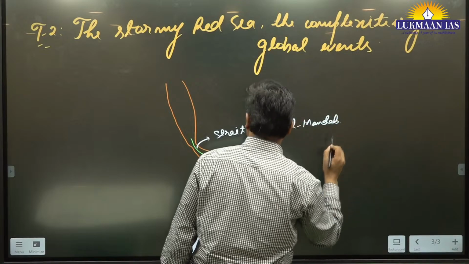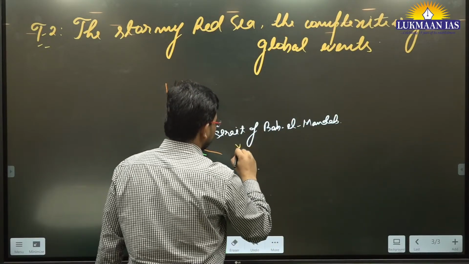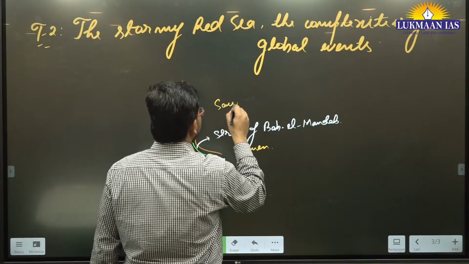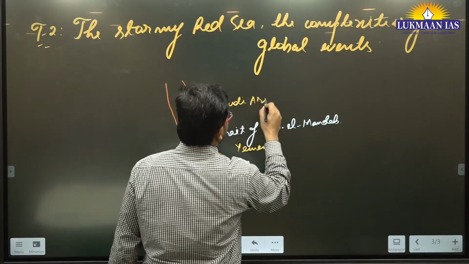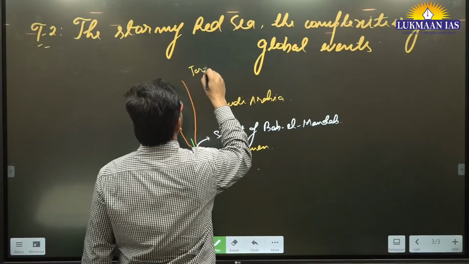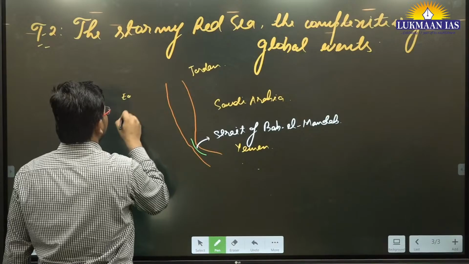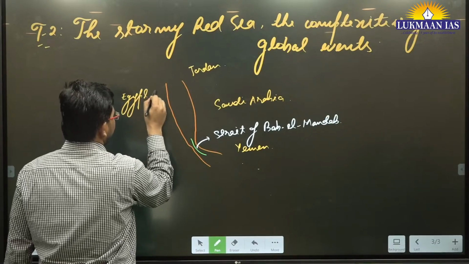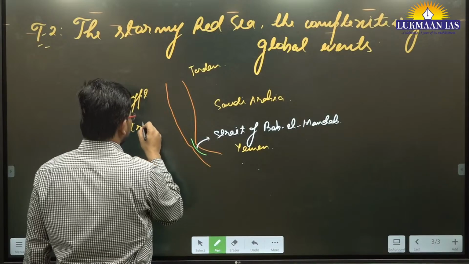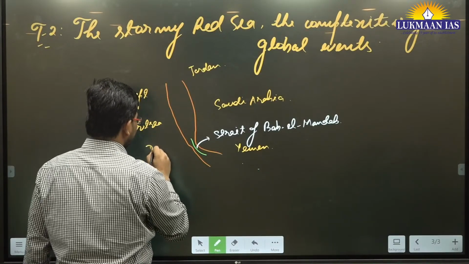Just to the right here we have countries: we have Yemen, we have Saudi Arabia, we have Jordan. Here to the left we have Egypt. Over here we have Eritrea, we have Djibouti.